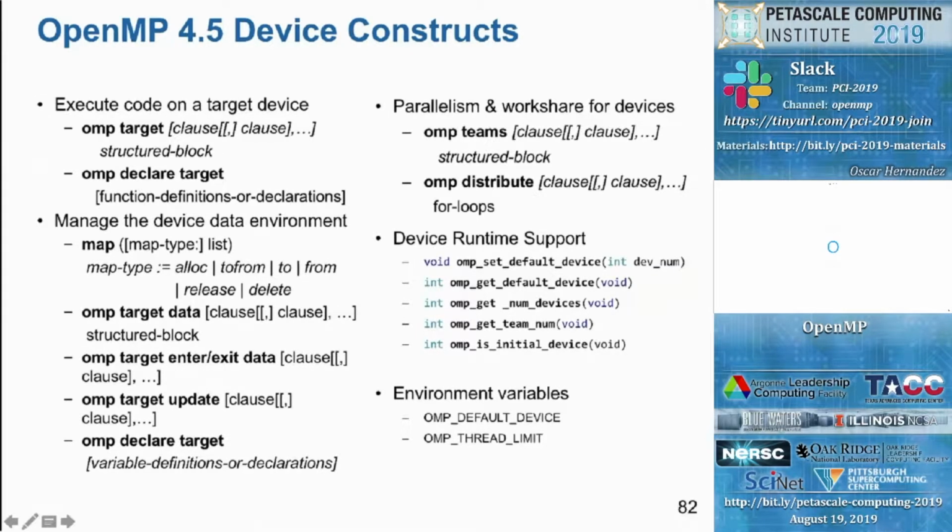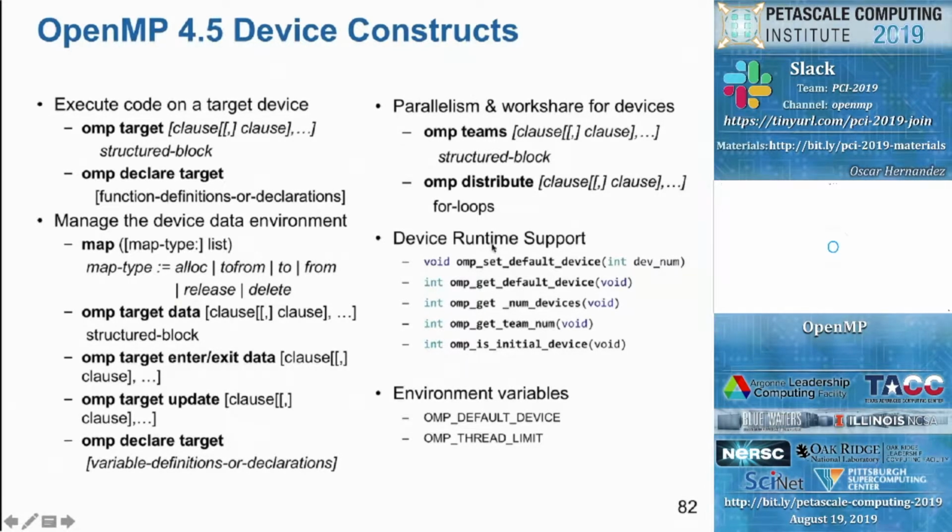Then we have other directives that we can use whenever we are already executing in the device, where we can specify the parallelism and how we share work among the threads within the device, dividing the computations among the different threads.